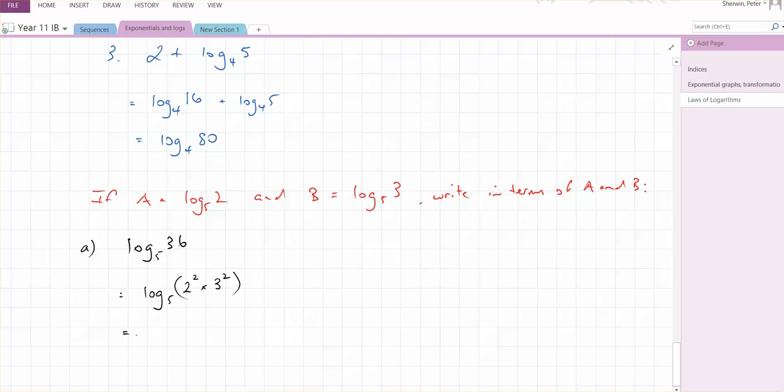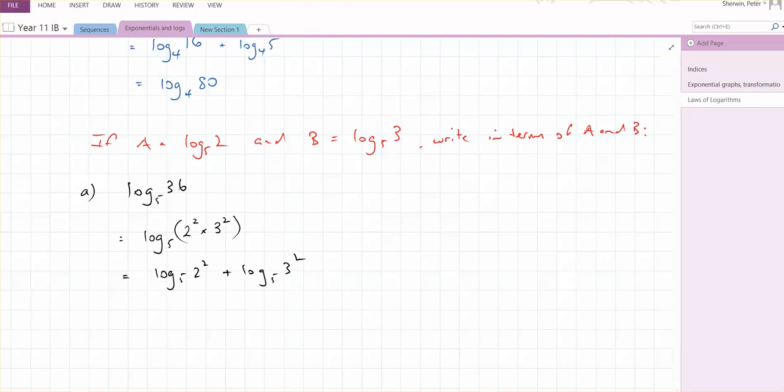That looks okay. Can I then split up using log law 1? So this is log base 5 of 2 squared plus log base 5 of 3 squared, and then can I bring in my log law to say this is twice log 2 and twice log 3, which is 2a plus 2b.